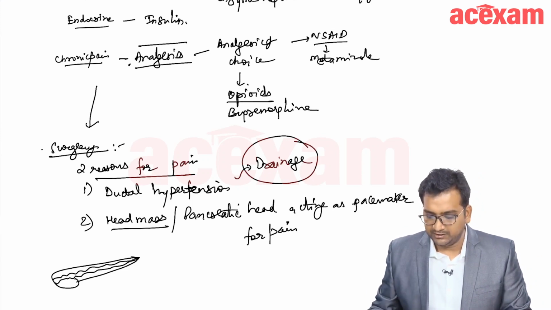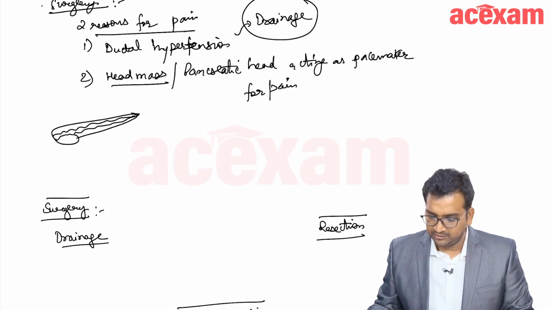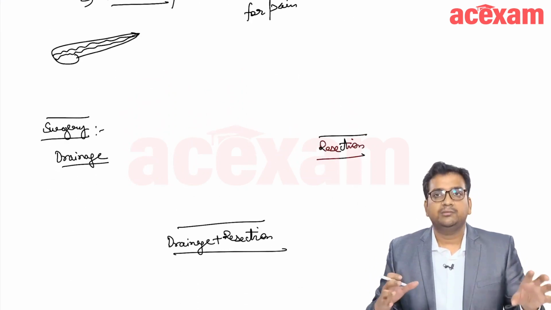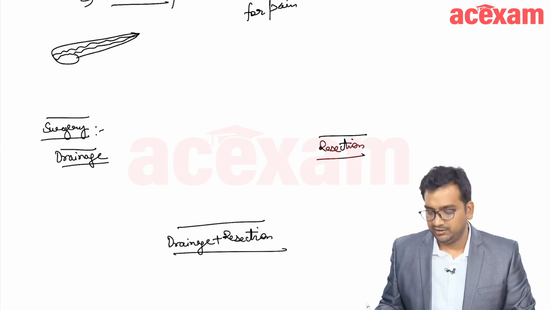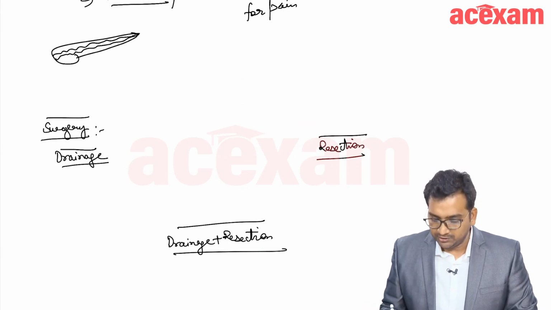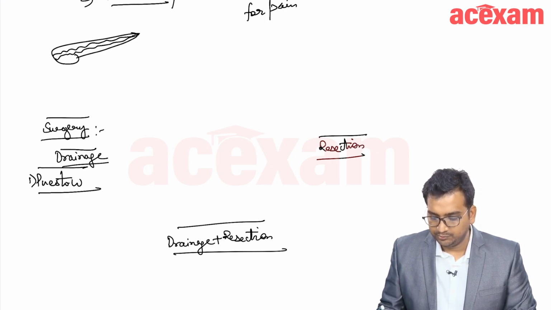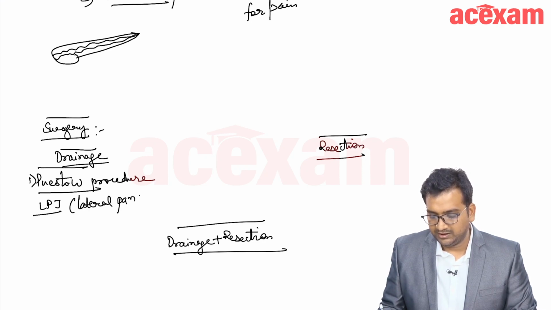So now I'll tell you the names of the procedures. There are three broad categories of the surgery: one is a drainage procedure, one is a resection procedure, and one is a combined procedure. So the drainage procedure is the Puestow procedure, also known as LPJ, or lateral pancreaticojejunostomy.